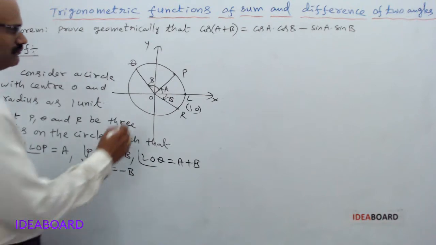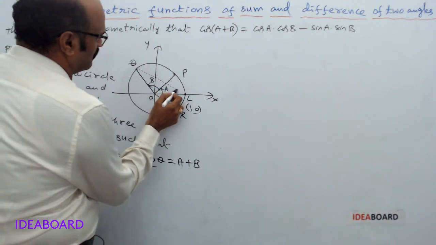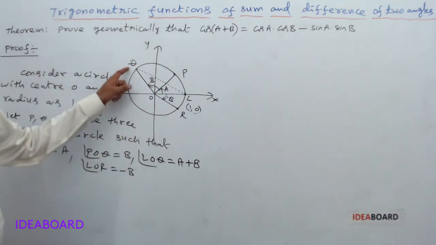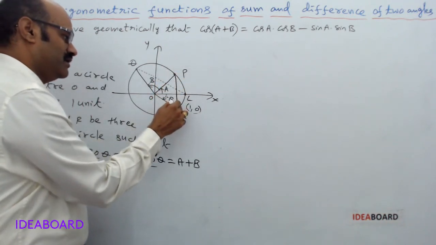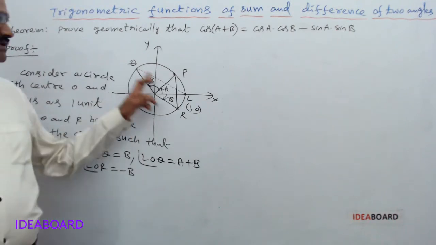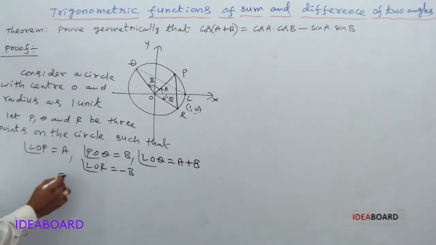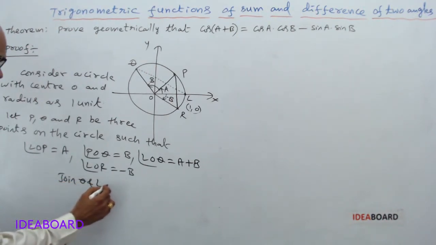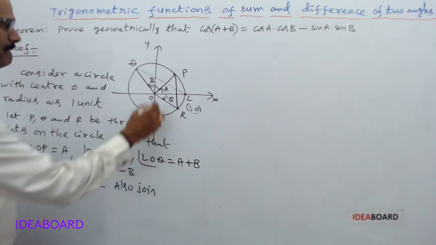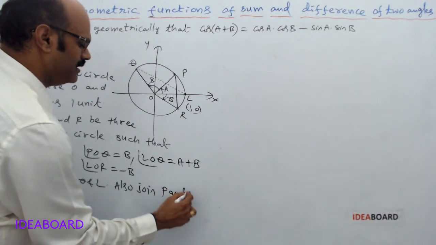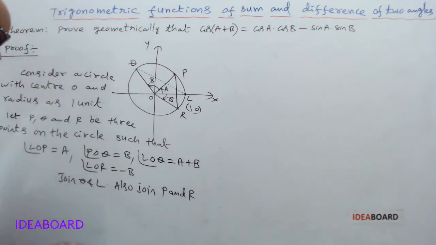Now join Q and L. Join P and R. Here the point L equals 1 comma 0.